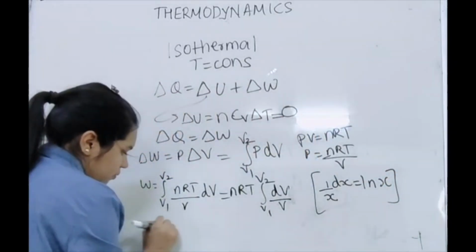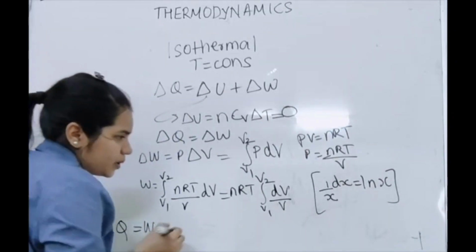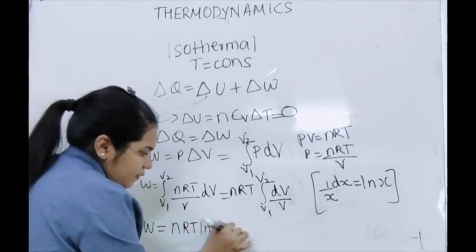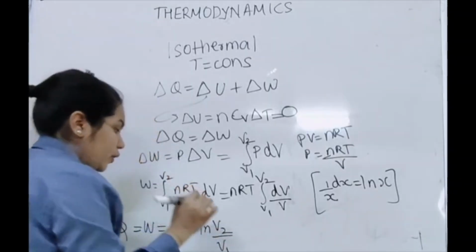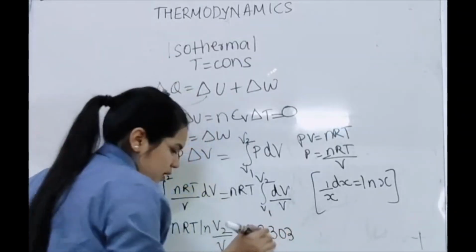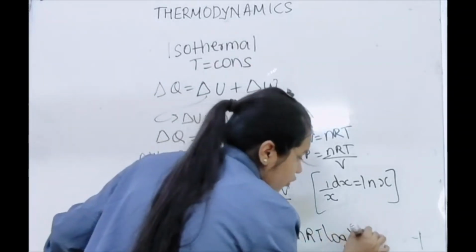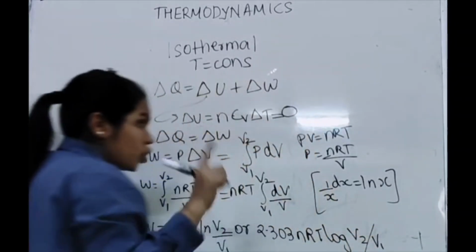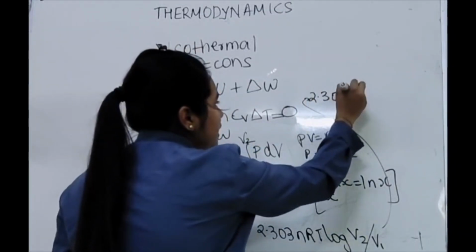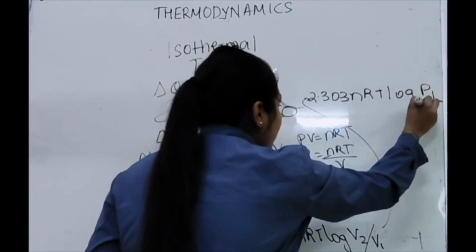So W, which can also be written as delta Q, equals nRT ln V2 by V1, or you can also write it as 2.303 nRT log V2 by V1, or also there's one more formula, 2.303 nRT log P1 by P2.